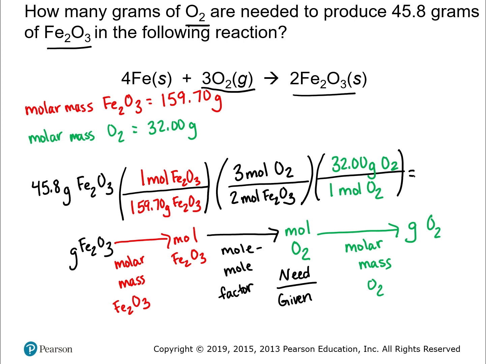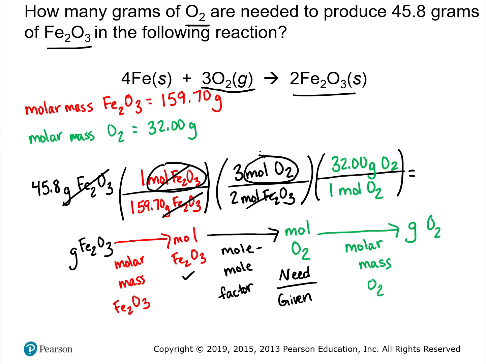I'll show you how all the units cancel. We cancel out the grams of iron 3 oxide. And that leaves us with moles. That was the first thing we wanted to do. Then we use the mole-mole factor to get rid of moles of iron 3 oxide and trade that for moles of oxygen gas.